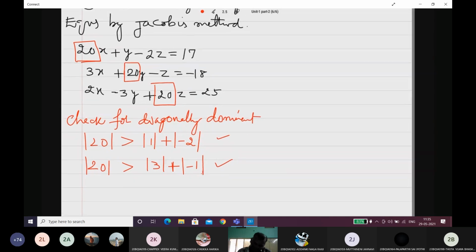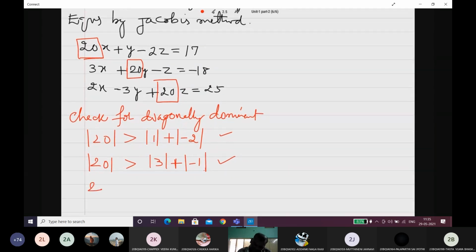Third equation, mod 20 is greater than mod 2 plus modulus of minus 3, 2 plus 3 is 5. 20 is greater than 5, also true. Hence, the given system is diagonally dominant.